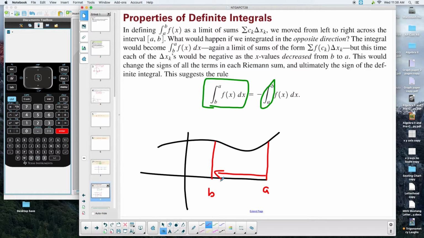How do we denote in calculus going backwards? Well, we do that with this little negative sign. So if we switch the location of the limits, that's the same thing as having not switched them around and just doing a negative. So when you switch the limits, you negate your integral because you're going backwards.